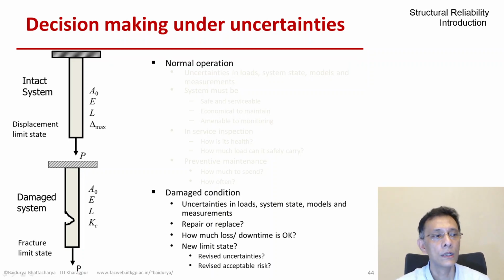For example, I now might be interested in the fracture limit state, which I wasn't before. And because in this new damage condition, I might have different expectations from this damaged structure, I might have different acceptable failure probabilities, and I might also have a revised estimate of the uncertainties involved.